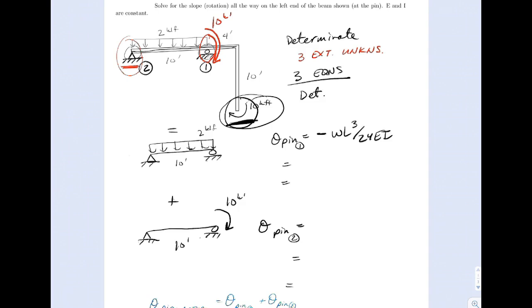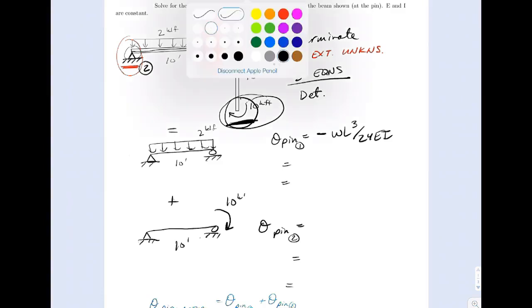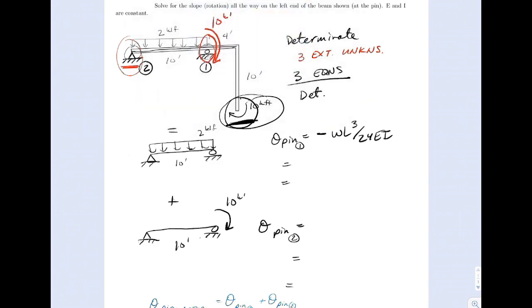Let's go back up here and calculate the deflection at the pin. We have a negative WL cubed over 24EI. How do we know it's negative? I'm going to draw the deflected shape. If the beam acts, it's going to deform the system to this shape, and so the slope over here at A is going to have a negative value.